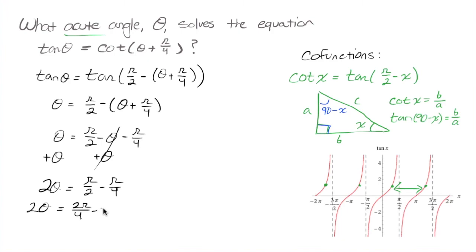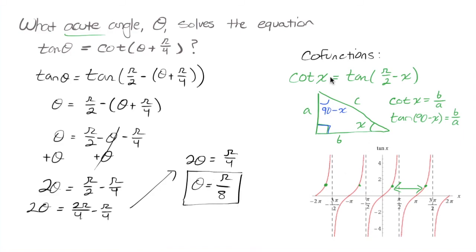Common denominators for working with pi. 2 theta equals pi over 4, and theta is equal to pi over 8. That's an acute angle. That's less than pi over 2, so it's exactly the one that we're looking for, as promised.